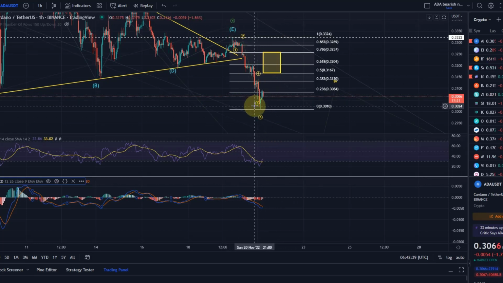But with 5 down complete, my view is clearly that the downtrend isn't over yet until I see a very, very strong move up, first of all above 32.5 cents, because that is above the 78.6% fib level. If we see a strong move above that, it's probably something more bullish. But at the moment, I can't really see that yet.